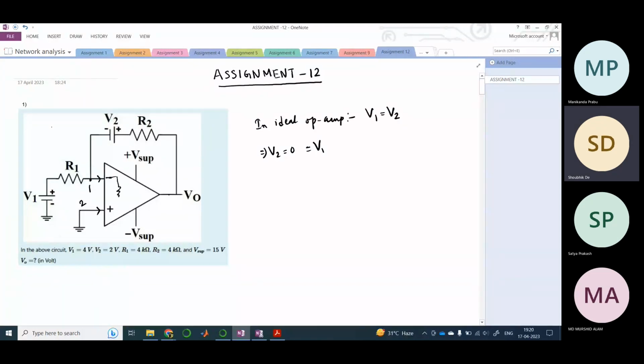Basically, here there is a resistance, so within this path there would be no flow of current. Therefore, if this is grounded, then you also have to assume that this is grounded. This is the basic assumption that you have to make in almost every problem.